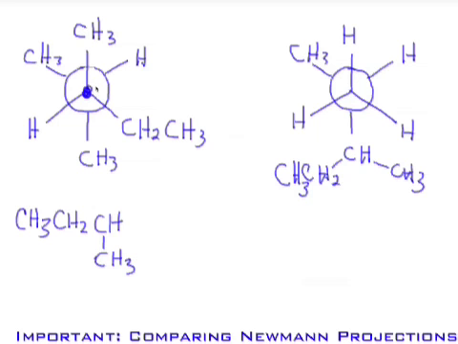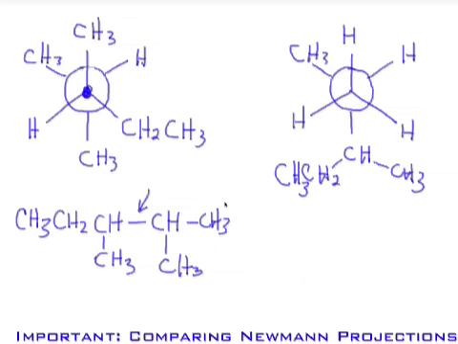This front carbon's attached to a back carbon, so that was the bond we were looking down, that has two methyls and an H, so it's a CH, two methyls. So what we were doing is we were examining a Newman projection down this bond for this molecule.